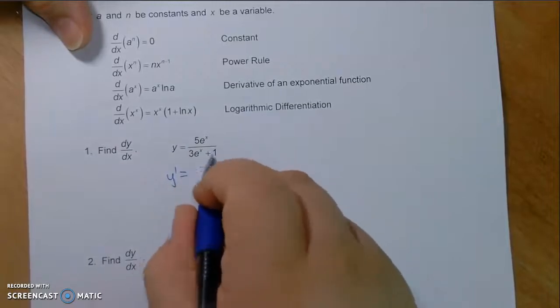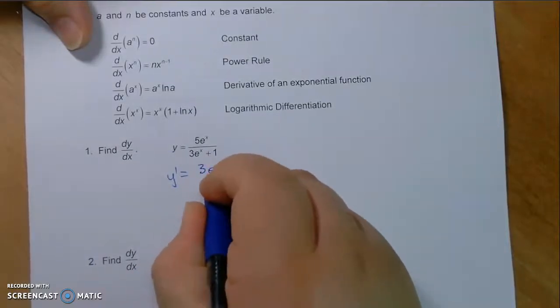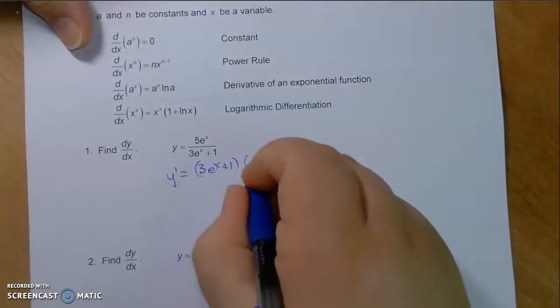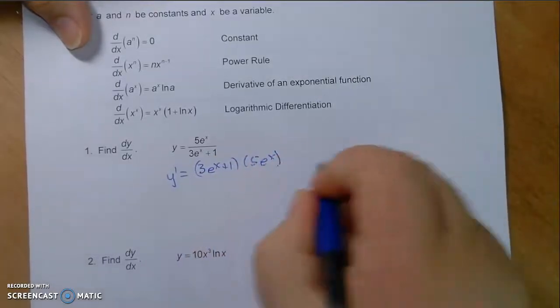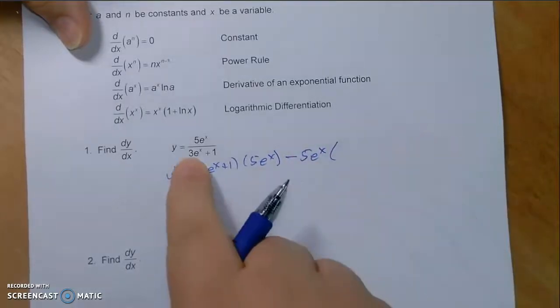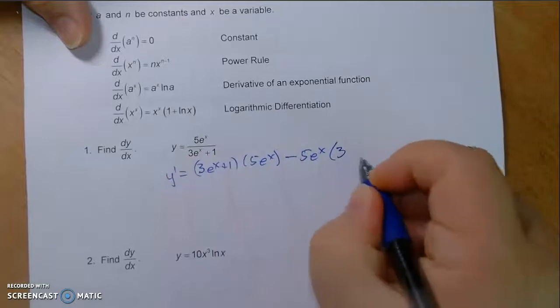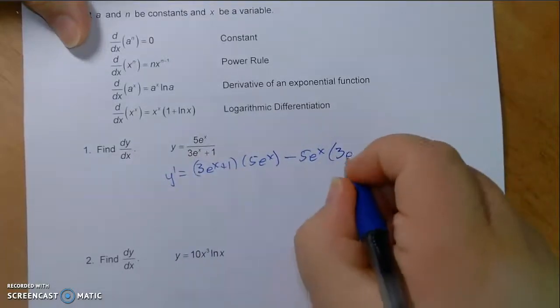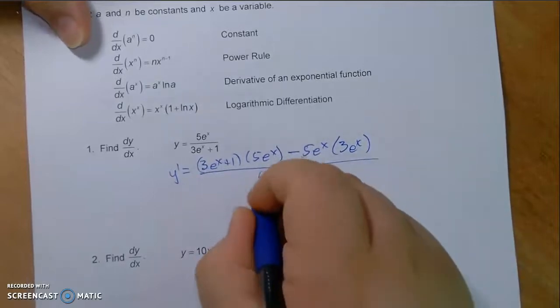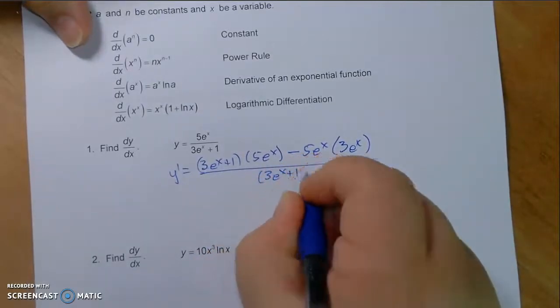So we start with the denominator, 3 e to the x plus 1, times the derivative of the numerator, very simple, 5 e to the x, minus the numerator, 5 e to the x, times the derivative of our denominator. So we have a 3, derivative of e to the x is e to the x, and then plus 1 goes away. We're going to divide that by 3 e to the x plus 1 squared.